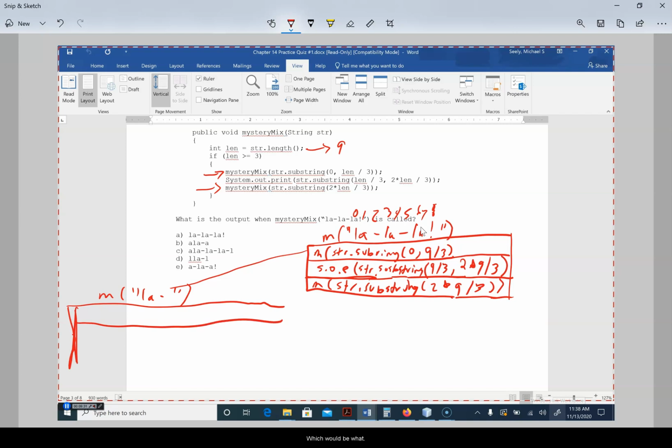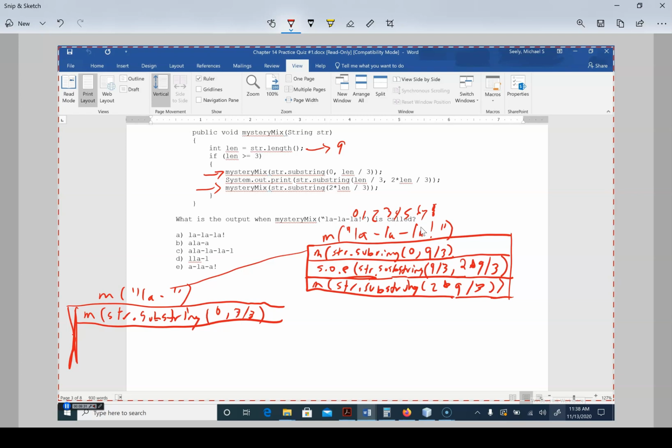Which would be what? This length is 1, 2, 3. Is 3 greater than or equal to 3? Yes. So then we do what? M of mystery str.substring(0, 3 divided by 3).